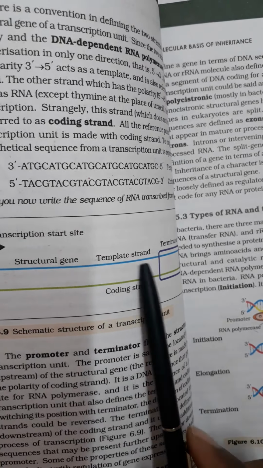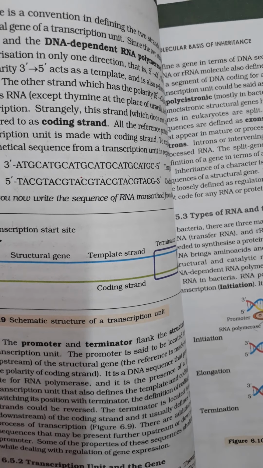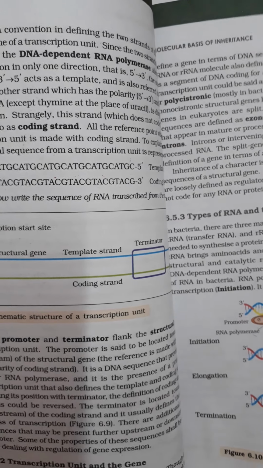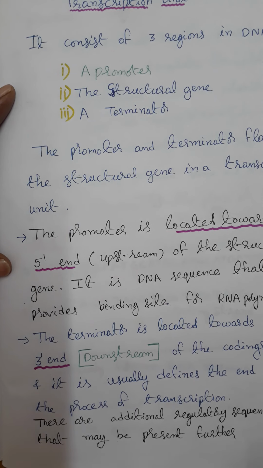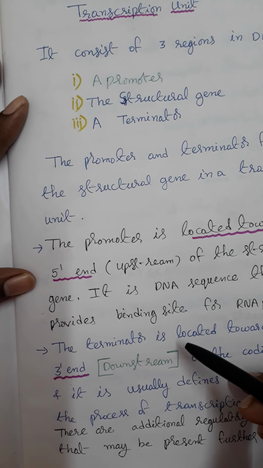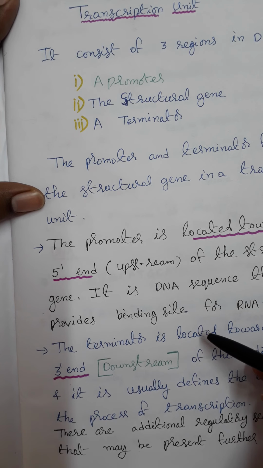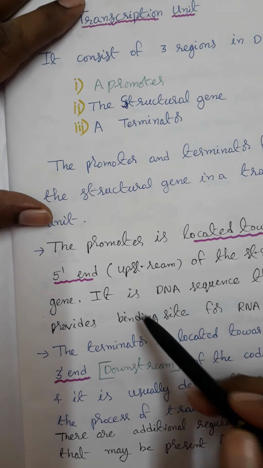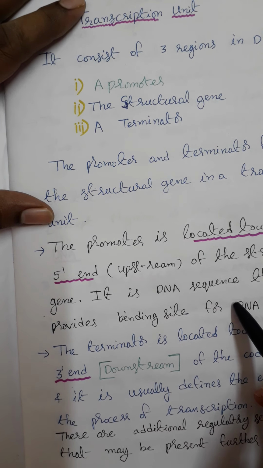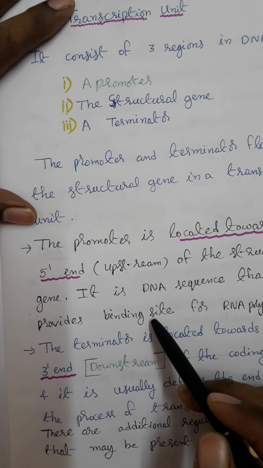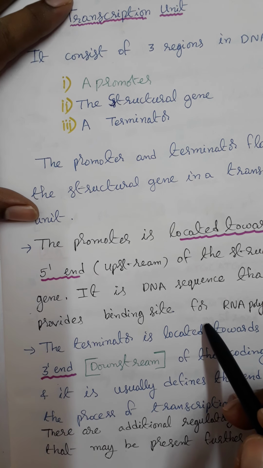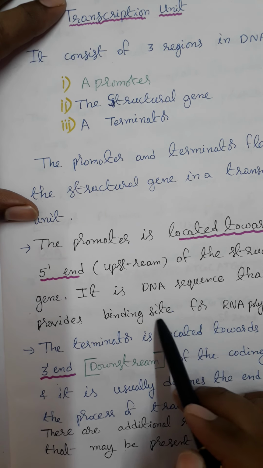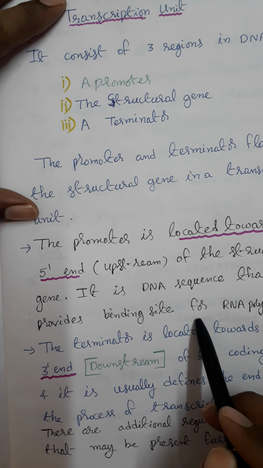This is a transcription unit: promoter, terminator, and structural gene. So where is the promoter located? The promoter is located towards the 5' end of the structural gene, upstream of the structural gene. It is a DNA sequence that provides a binding site for RNA polymerase. This is also important for objective questions. Please remember.